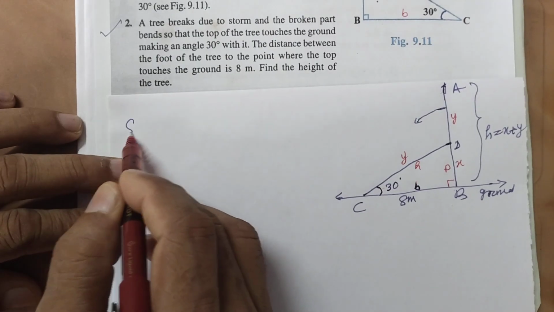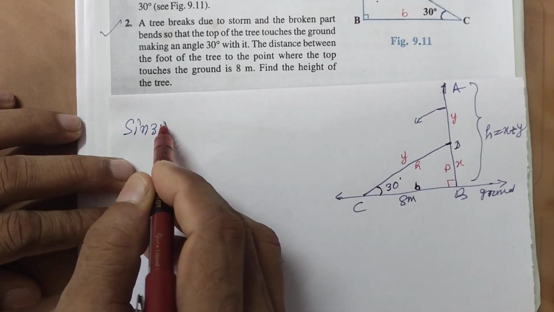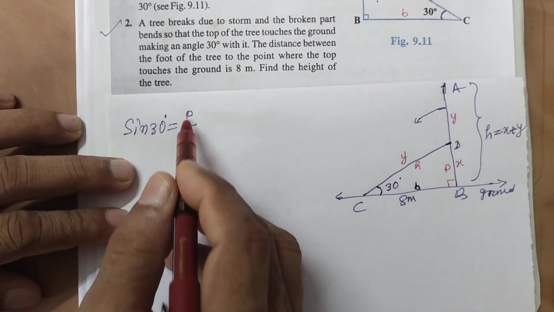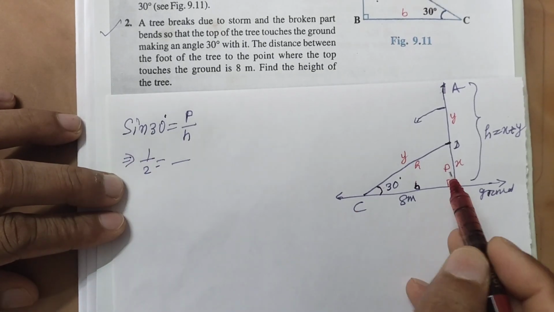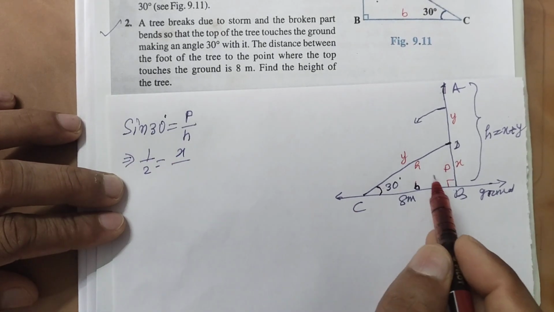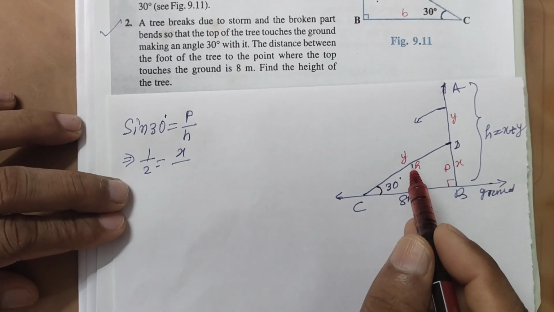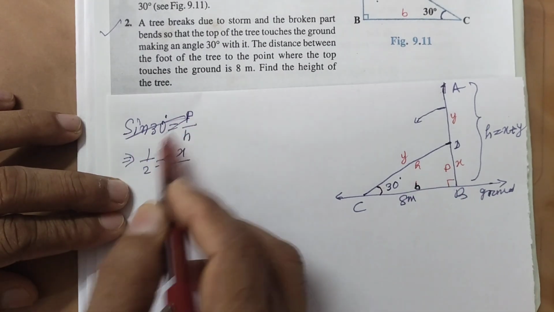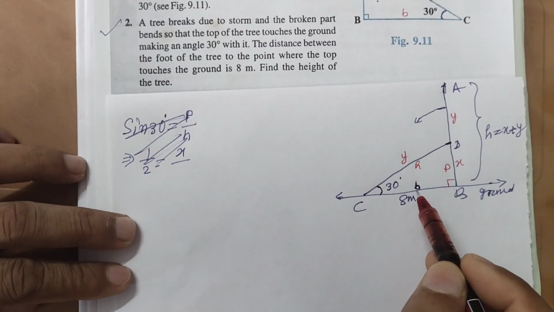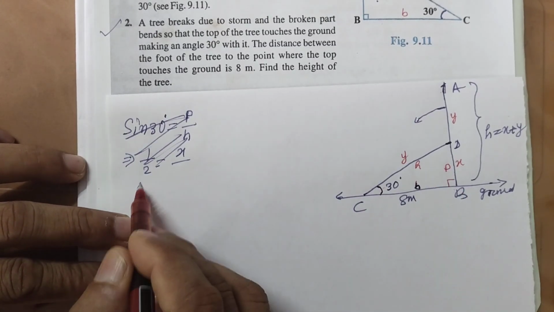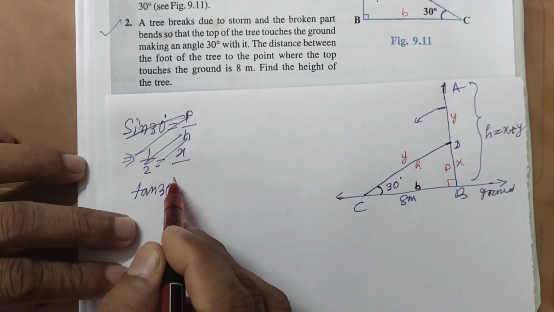So first I will use sin theta. Sin theta is perpendicular by hypotenuse. Sin 30 value is 1 by 2. Perpendicular is X. No, we will not use sin. Wait. We have to use perpendicular and base, so tan theta.